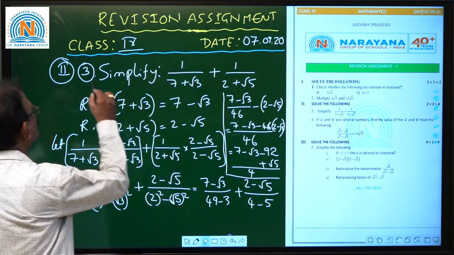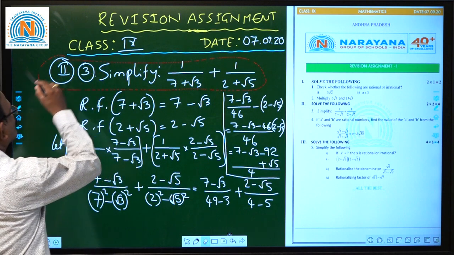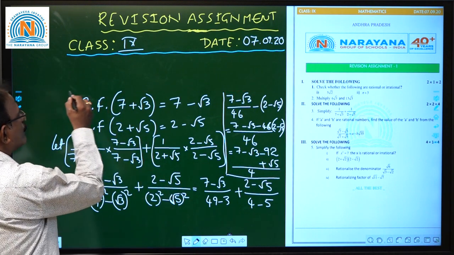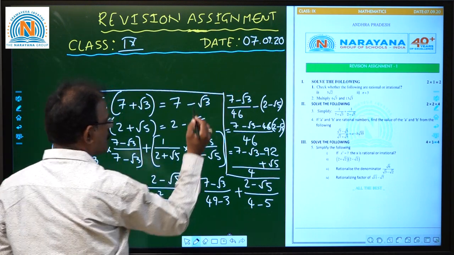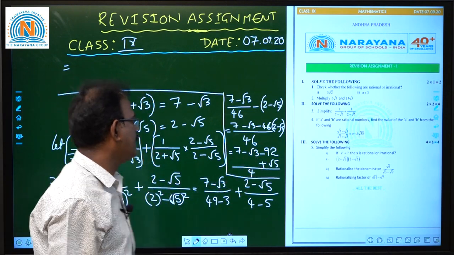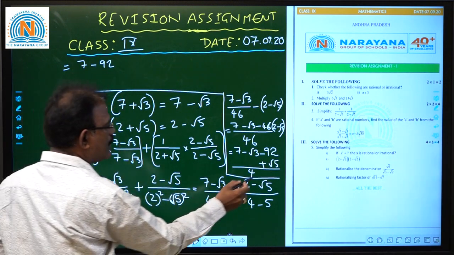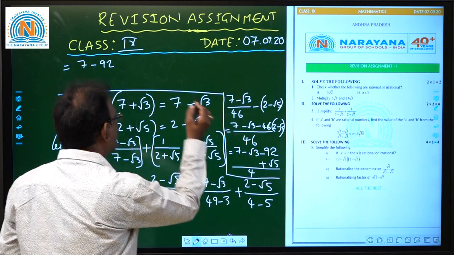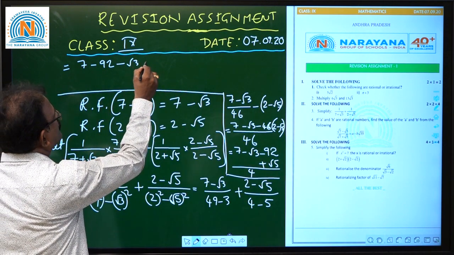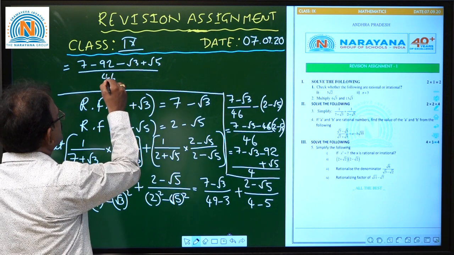Now see here, 7 minus 92 will keep one after one, and afterwards this is minus root 3 plus root 5 by 46.